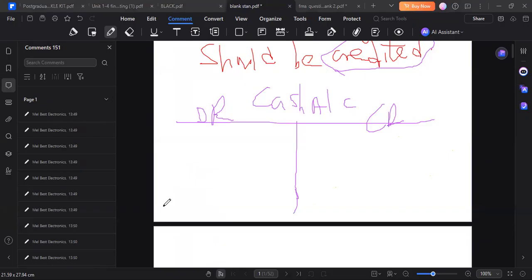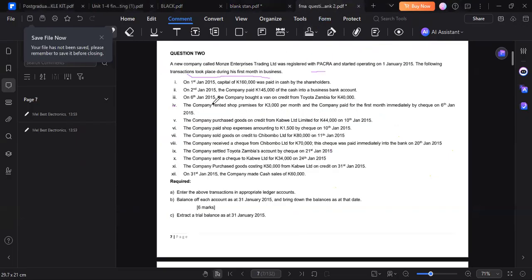All right, so the debit and the credit. From here, you check on the debit. This is on the 1st January 2015.